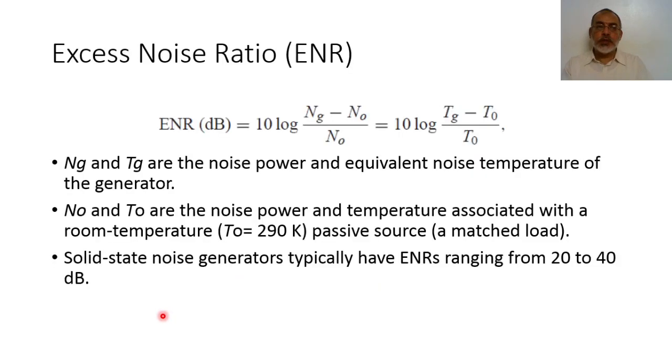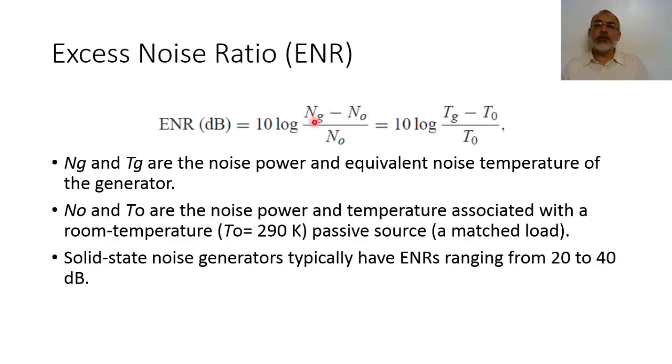Effectively, the excess noise ratio is defined as follows: if I have a noise generator introducing noise Ng, while the ambient noise due to the ambient temperature or the room temperature is N naught. So the excess noise ratio in dB is 10 log of the generated noise minus the ambient noise over the ambient noise.